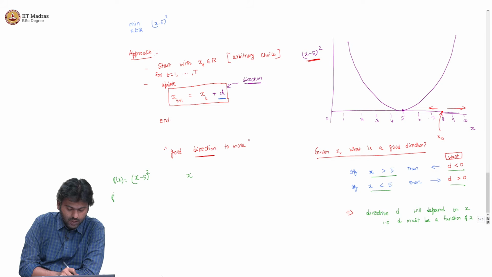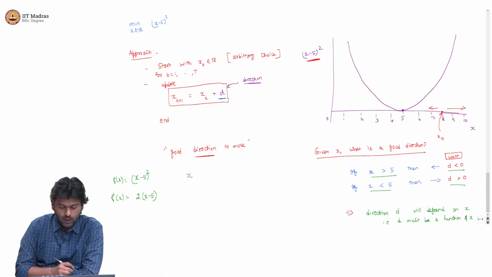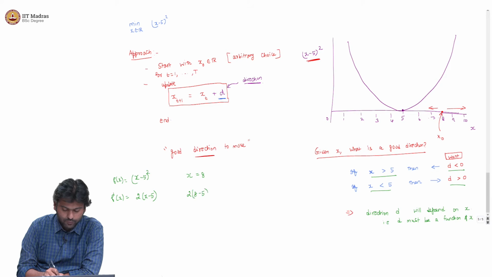So, which means that my f dash of x is going to be 2 times x minus 5. Okay. So, let us say we are at an x which is 8. Okay. So, let us take 8 as an example. Now, what is my f dash of x going to be? Well, f dash of x is going to be 2 into 8 minus 5, right. So, which is 2 times 3, which is 6 in this case.